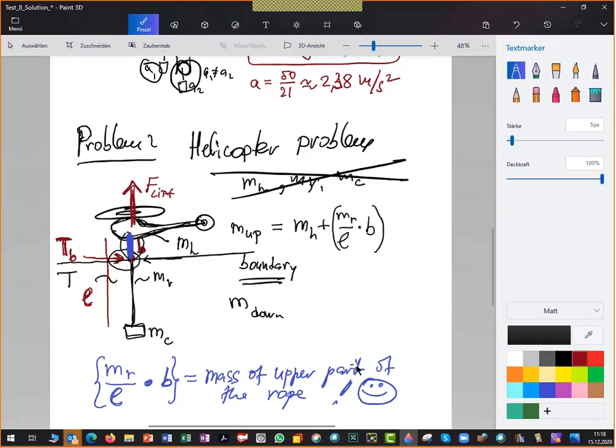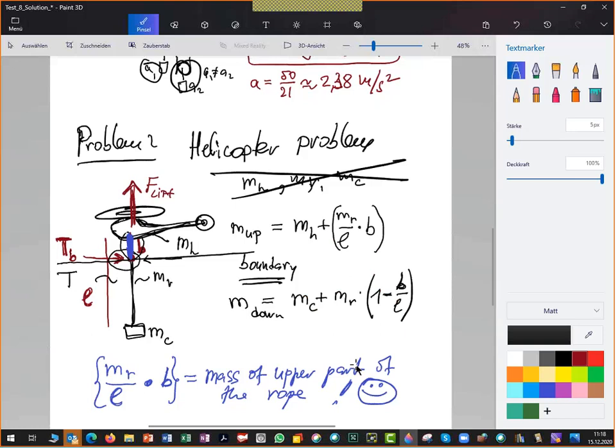What is the mass down? It is the mass of my cargo plus the remaining part of the rope, or the remaining part of the mass of the rope, which will be the mass of the rope multiplied by 1 minus B divided by L. So it's just the remaining part, 1 minus B divided by L. Okay, that's it.